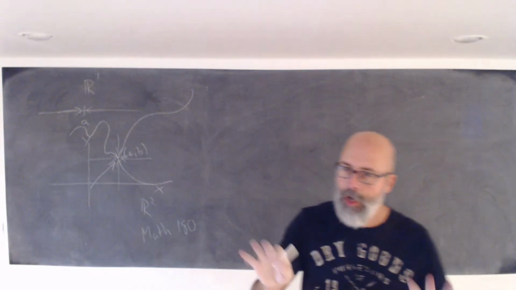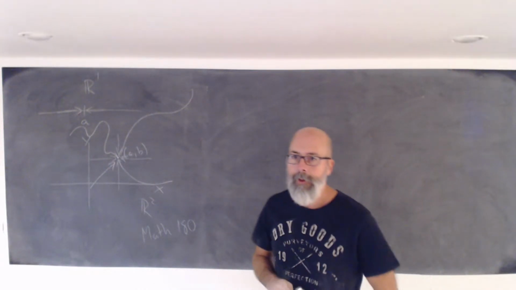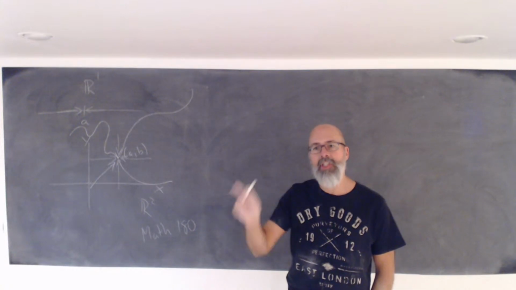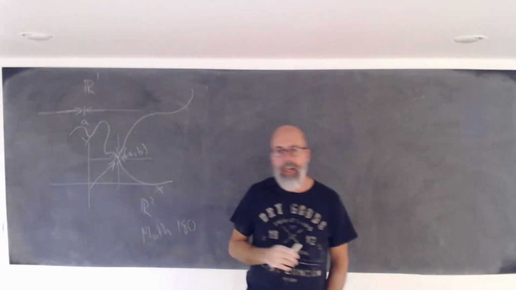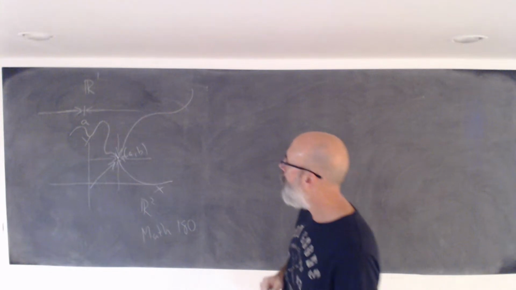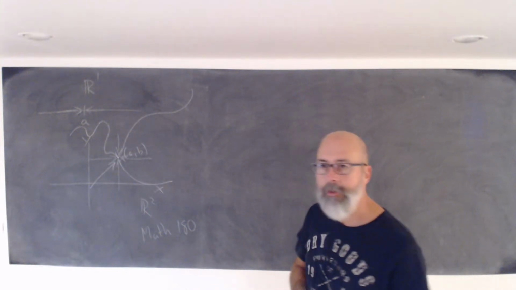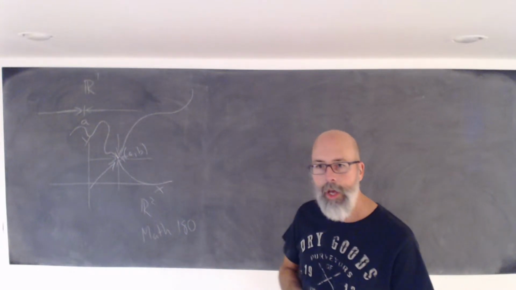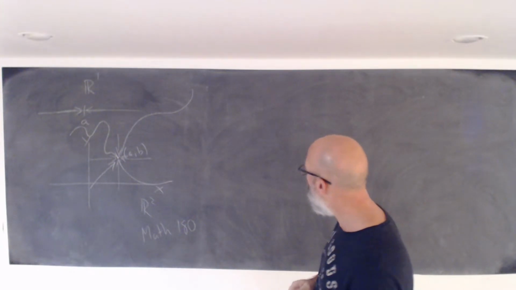You're of course not going to spend time calculating a limit on every single curve, every single path leading to that point. That would be preposterous. Surely there's an easier way, and there is.